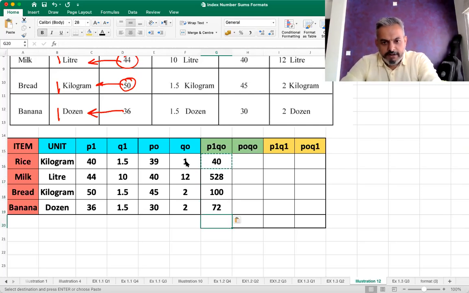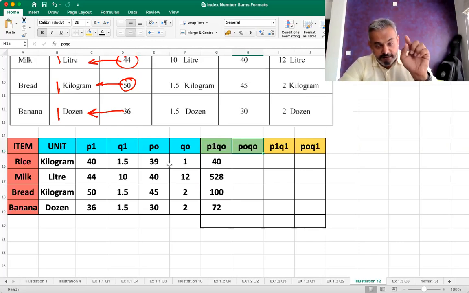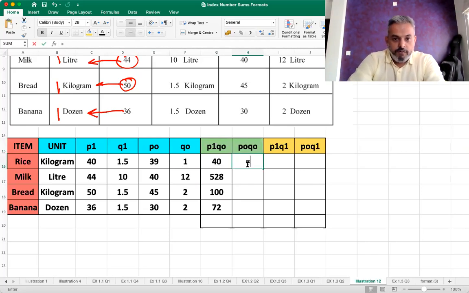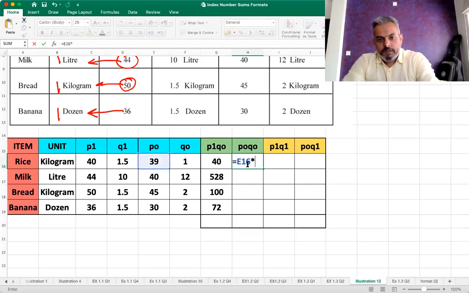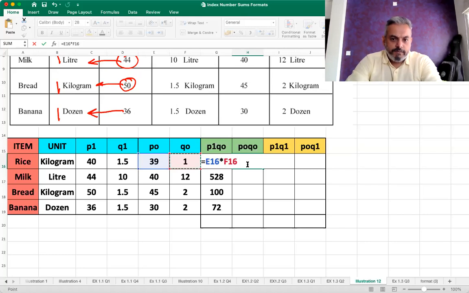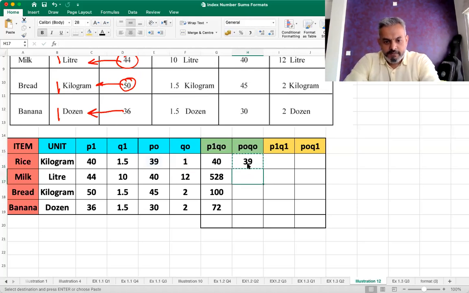Then the total, later we will do the total. So P1Q0 is P1 into Q0. P0Q0. So be careful to do it properly in the book. P0 into Q0. You can see the highlighted ones. Now 39, 480, 90, and 60.